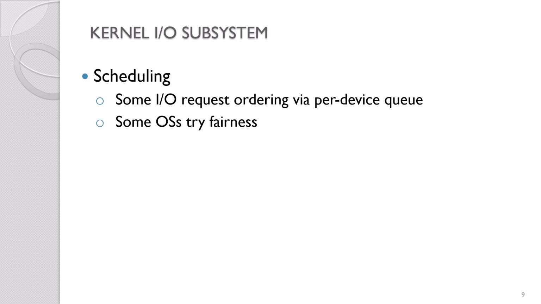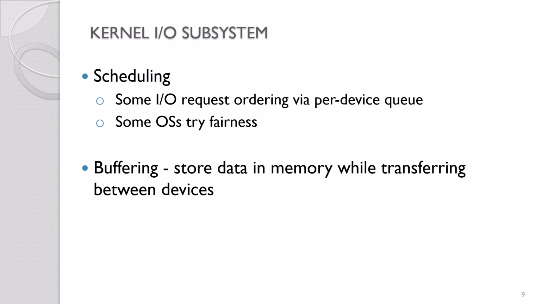So some operating systems try to be very fair with the scheduling. We're not studying any scheduling algorithms for devices. We spent a lot of time on scheduling for the CPU, and here we just know that sometimes there are per-device queues for different data.